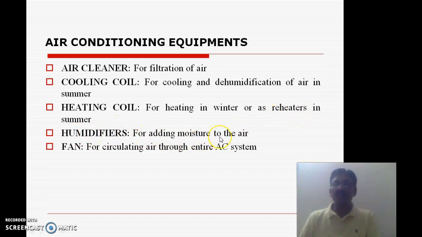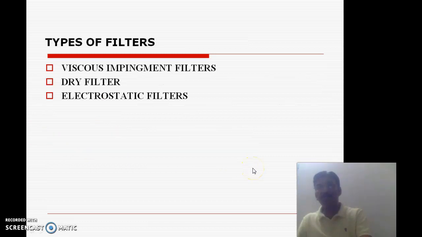For adding moisture to the air, we are using humidifiers. Fan is a very important component in air conditioning or in AHU. So here you can see fans are used for circulation of air through the entire air conditioning system.